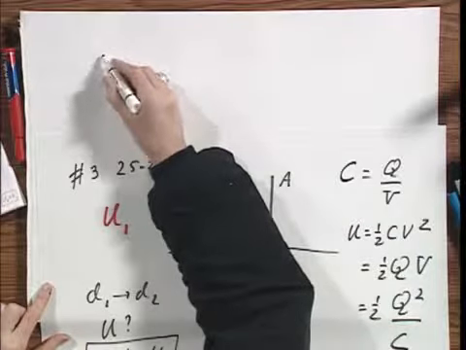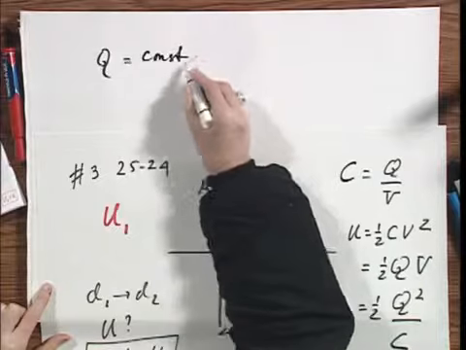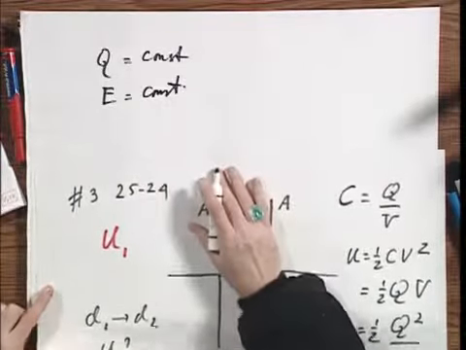But if the charge cannot change, then the electric field cannot change. But the electric field, remember, is sigma divided by epsilon 0. So, in the absence of a battery, we can already say that Q on each plate is a constant. E between the plates is a constant.